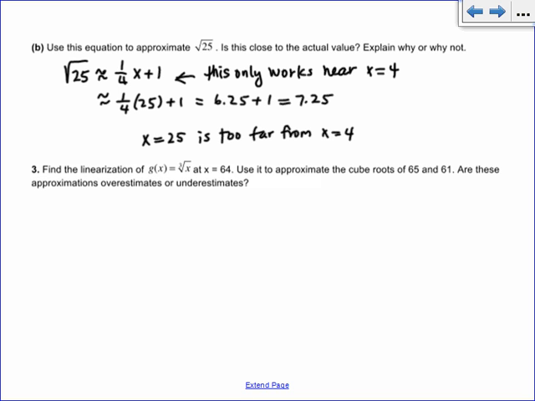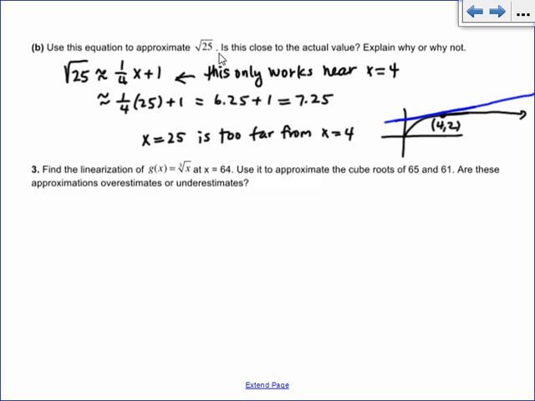If you're thinking about the curve, the square root here, if we have 4, 2, and we find the slope there, it's going to be close only for values that are close to 4. But as I go out like this and I go up, do you see how the further you go out, the further it's off? That's what's happening. So you always have to be close to the x value that you used.